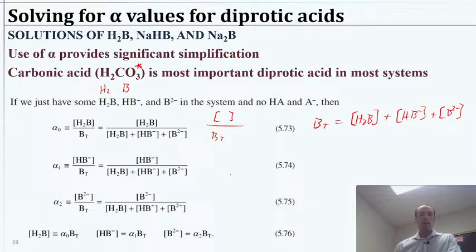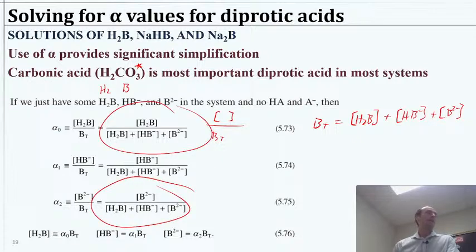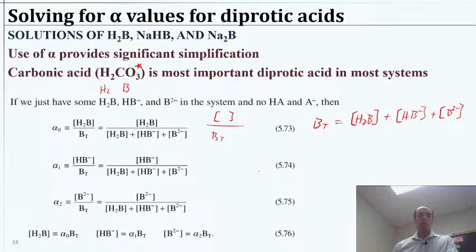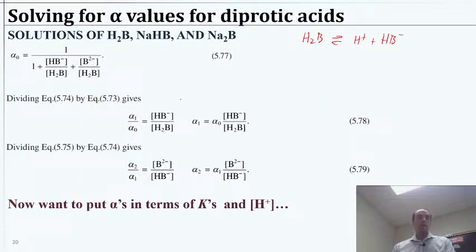We're going to divide this guy by this guy and see what kind of simplification we can get there. And I think we're going to do that for both this one and this one. Essentially, it's taking alpha 1 divided by alpha 0. Oh, excuse me, we're going to do alpha 1 divided by alpha 0 and alpha 2 divided by alpha 1.